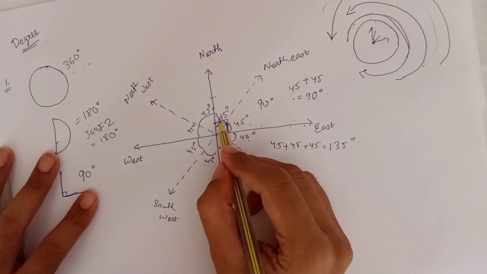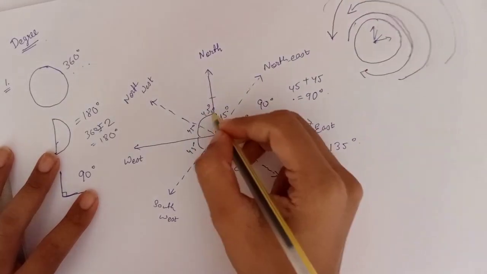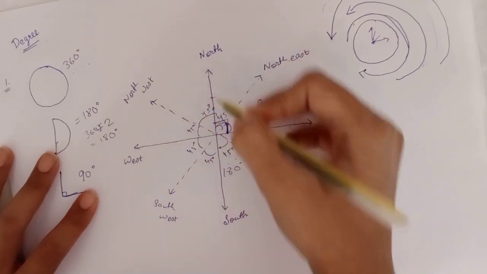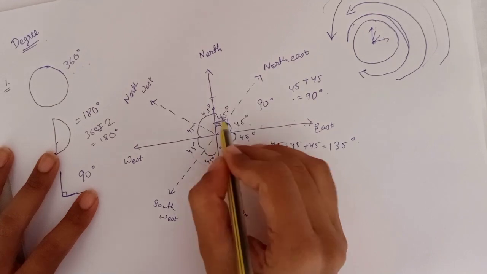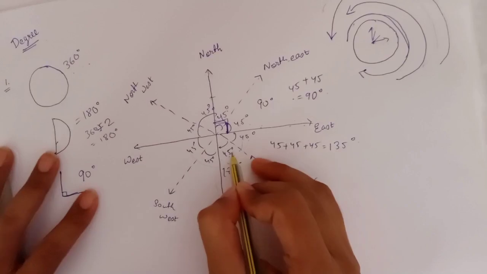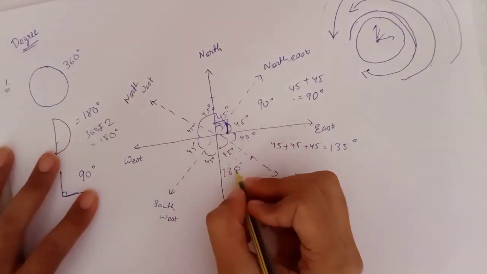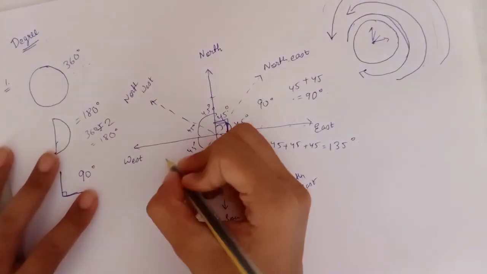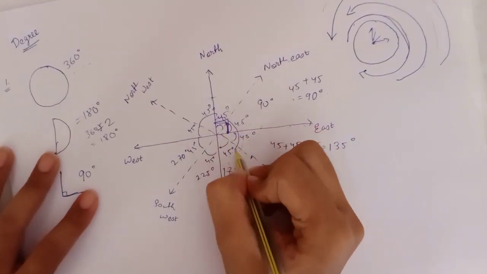Then 45 plus 45 plus 45 plus 45, 4 times 45, 180, or half circle. If you want to go from north to south, as we know till here it is 135, again we will add 45, it will become 180. Now this angle will be 180 plus 45, 225 degree. 225 plus 45, 270 degree.